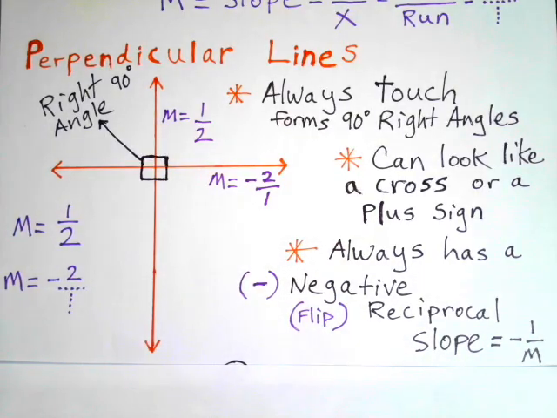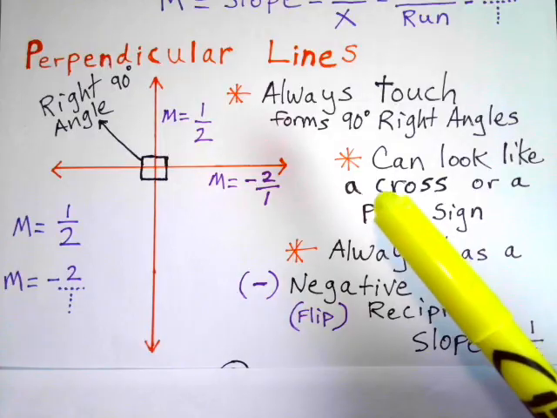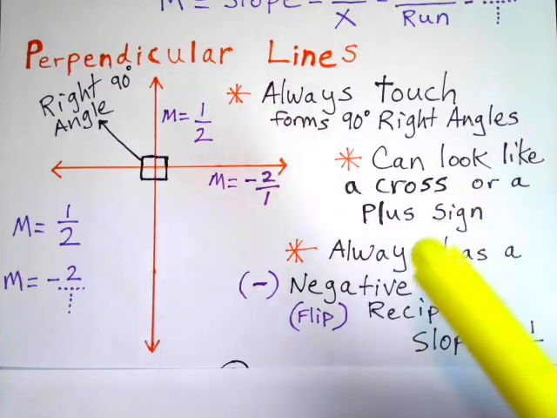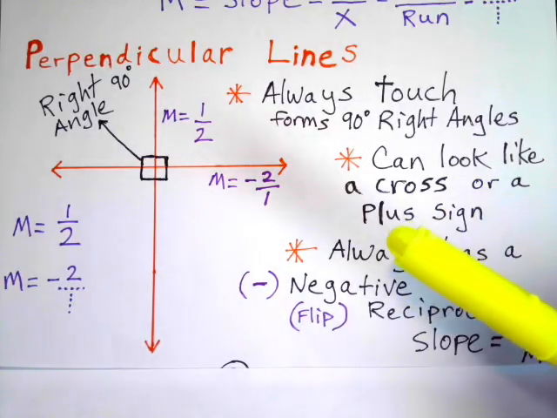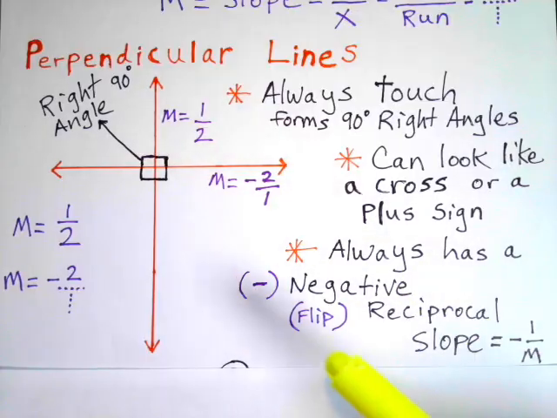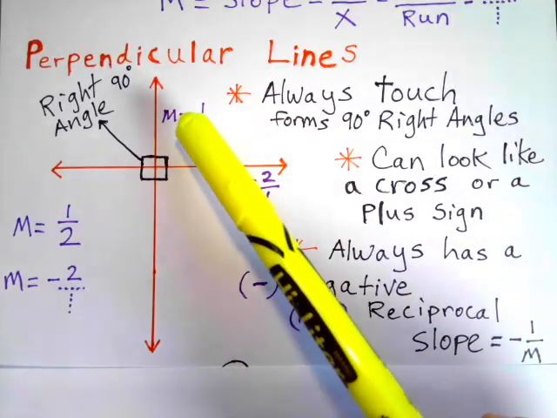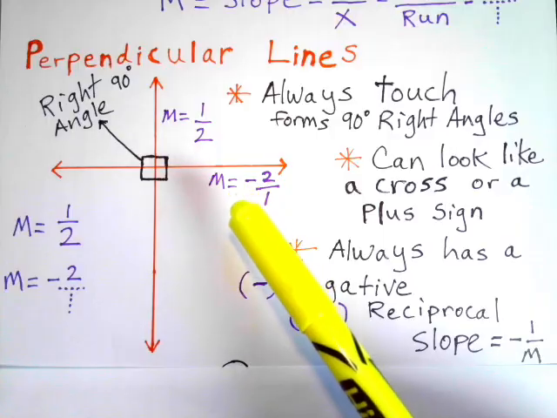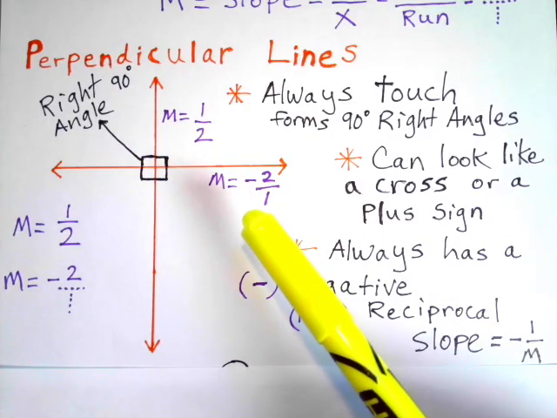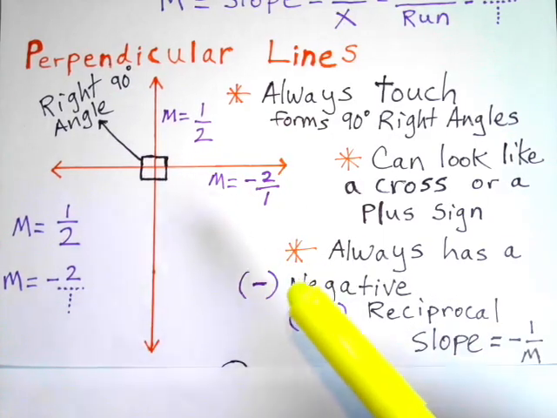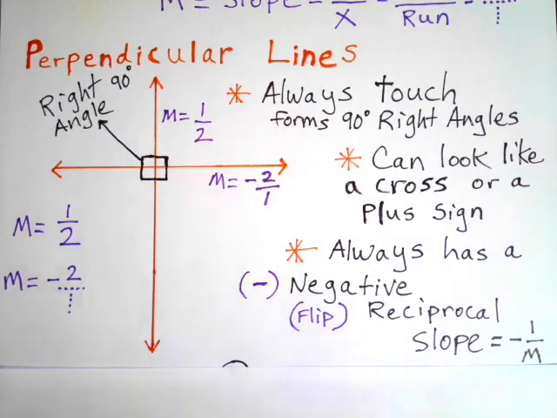Okay, so that's showing you a little bit of the differences between perpendicular and parallel lines. Perpendicular lines will always have a negative reciprocal slope. Parallel lines have the exact same equal slope.